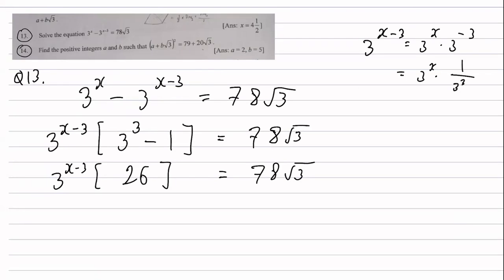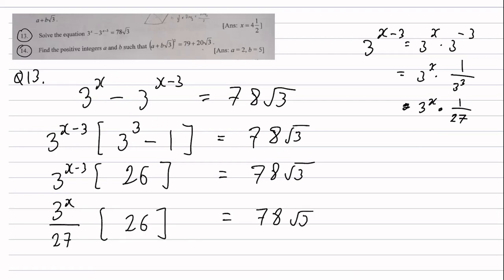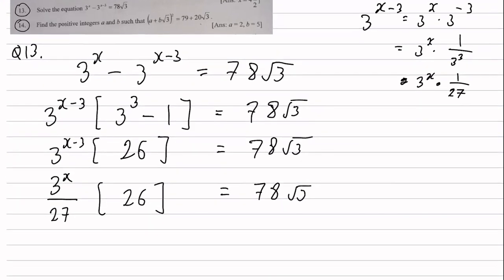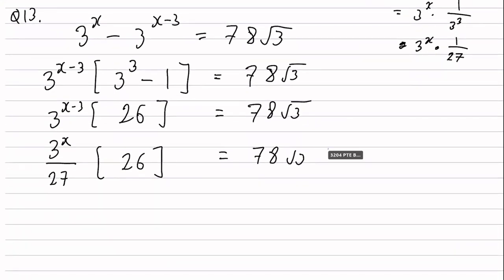It's 1 over 3 power 3, which is 3 power x multiplied by 1 over, what's 3 power 3? 27, very good. Don't get confused. So it's actually just 3 power x over 27 multiplied by 26 equals 78 root 3.